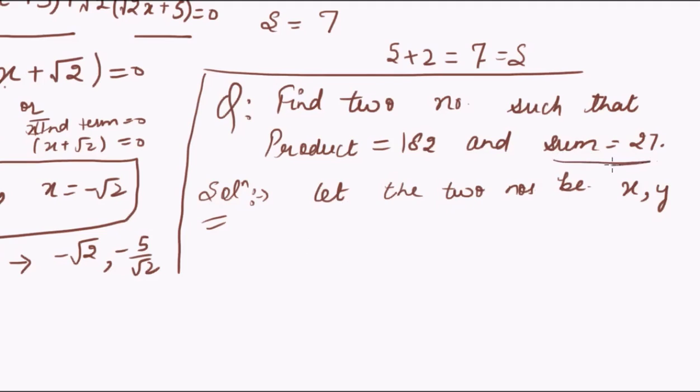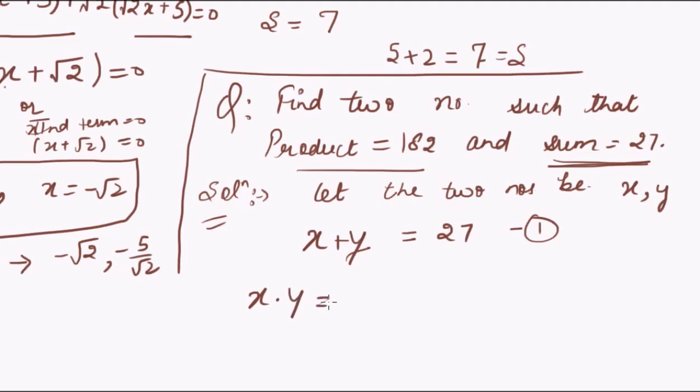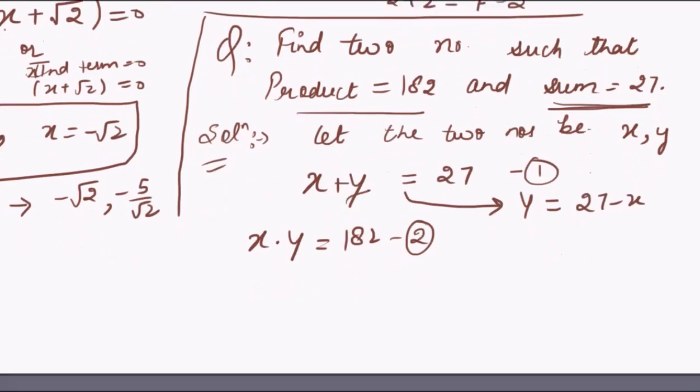The second part of the question says sum, that is x + y, equals 27, whereas the first part says their product, that is x into y, is 182. From the first equation, we can have y's value as 27 - x.